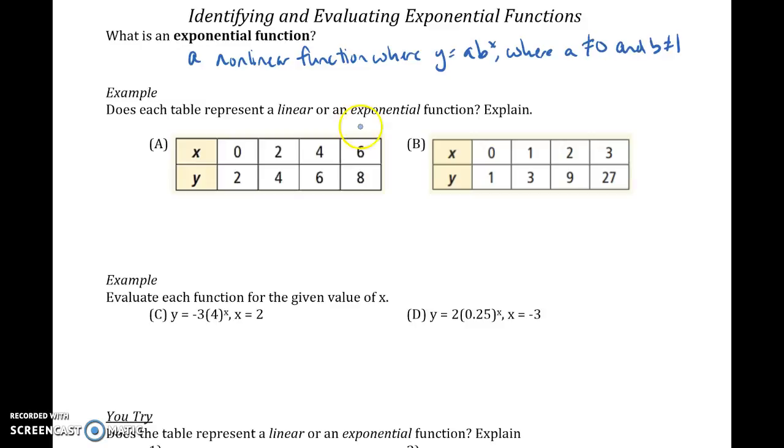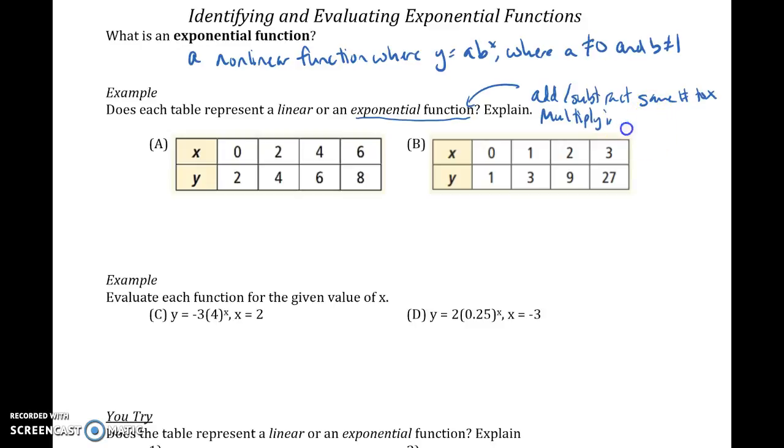An exponential function is going to have x increase, so we'll be adding the same number to x, or subtract. But we're multiplying the same number to y.